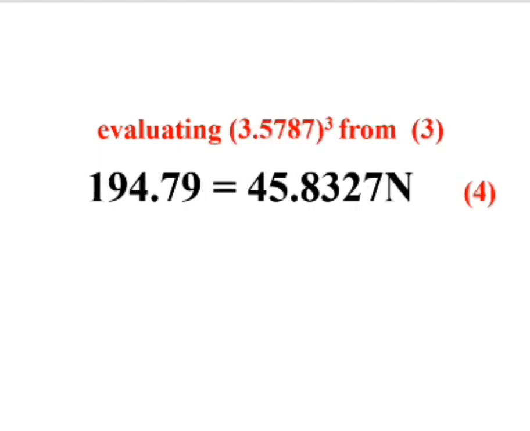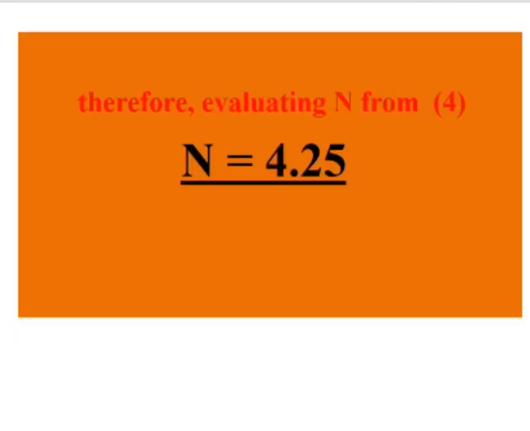On evaluating the cube of 3.5787, we'll get 45.8327, and so 194.79 will be equal to 45.8327 N, and invariably N can be obtained as 4.25.